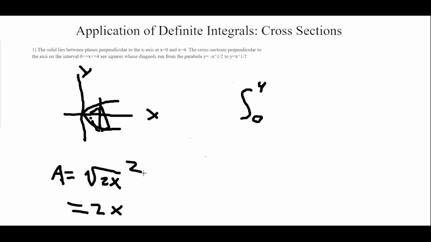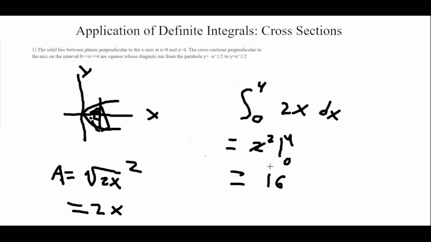And now we're just going to do the area, which we already established to be 2x, and then add the depth, dx. So now we're going to get 2x squared over 2, which is just x squared. And we're going from 0 to 4, so really it's just 16. And that should be your answer.